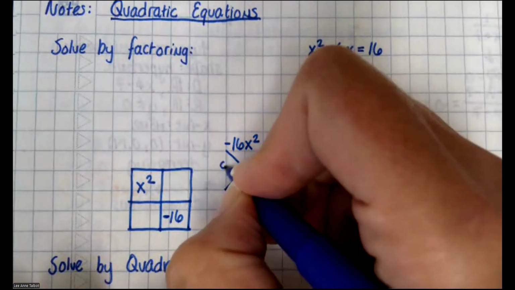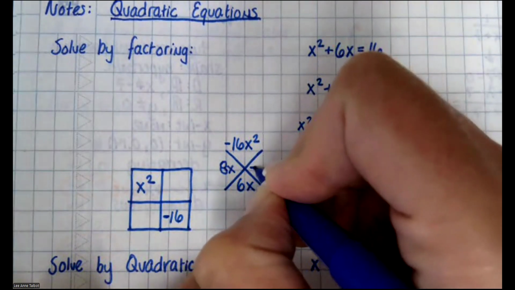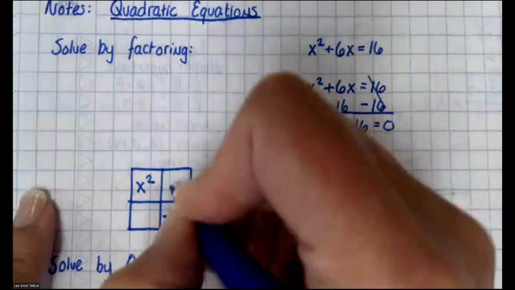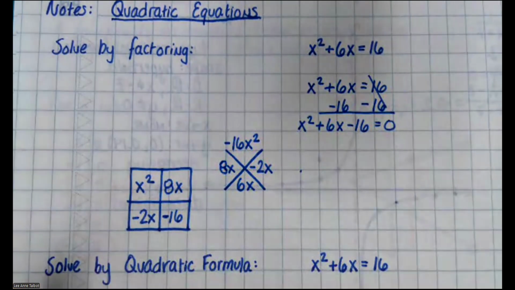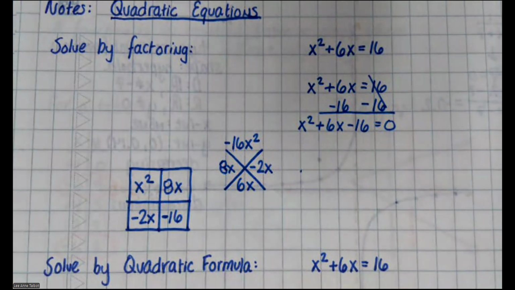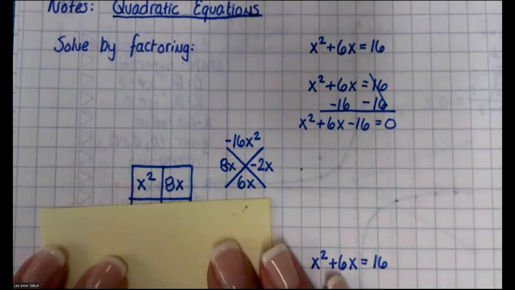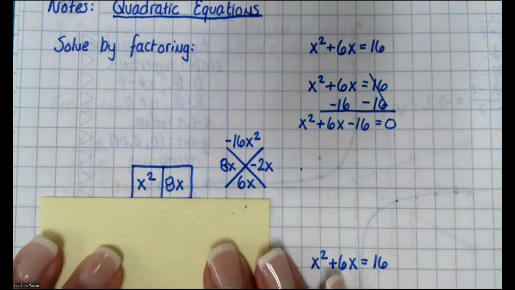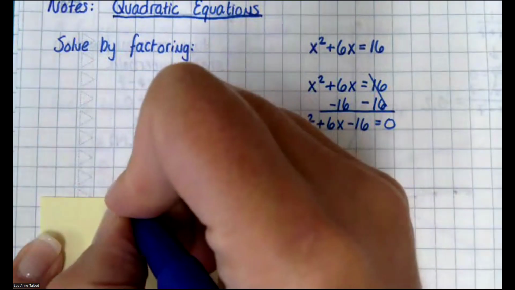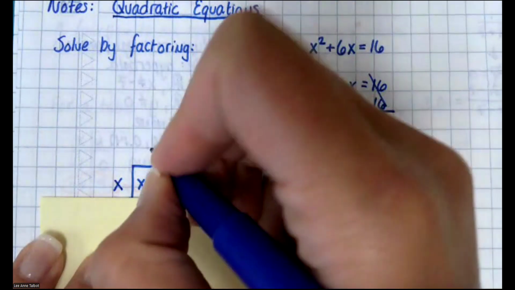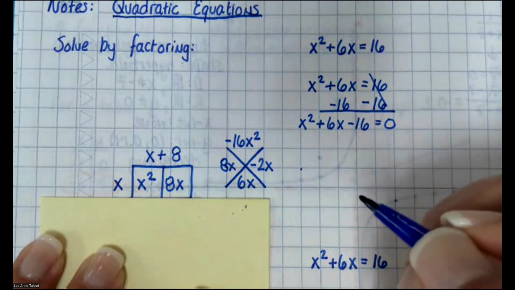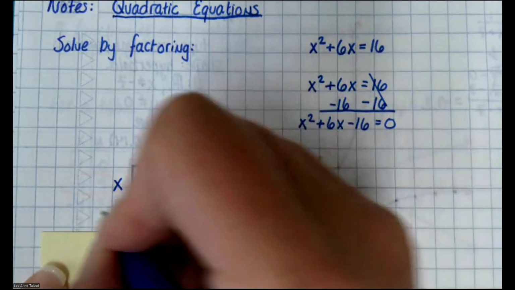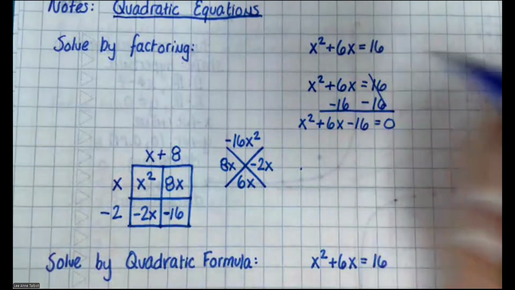Yes, 8 and negative 2. Great job. Going to find my sticky note and do GCF. GCF of this is x. That leaves me with x plus 8. This side has to be minus 2.